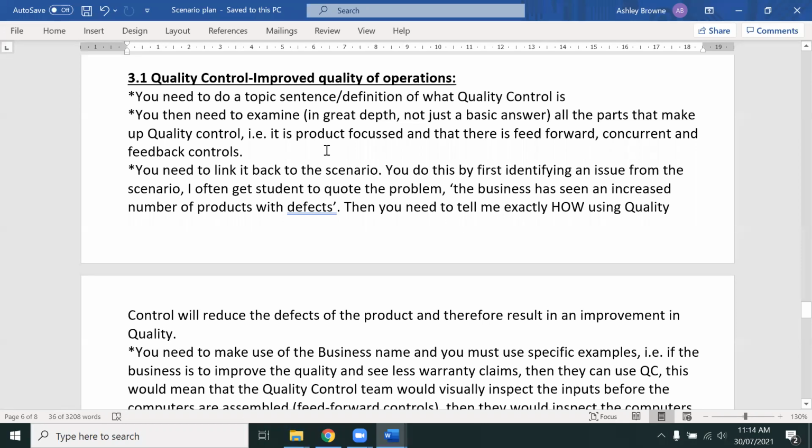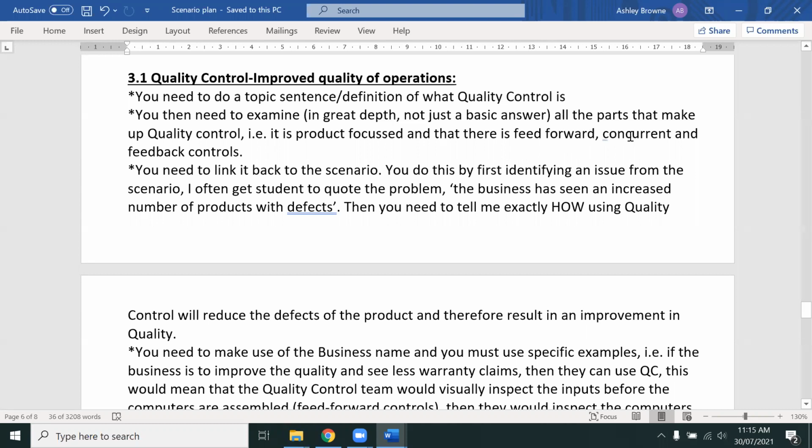Don't just talk about in general what they mean. Talk about the name of the business, the computers, the inputs would be checked, which would be the glass for the computers or the plastics, the metals, the keyboards, the silicon chips. They're all tried, tested prior to being assembled. That is the first set of the control, the feed forward.